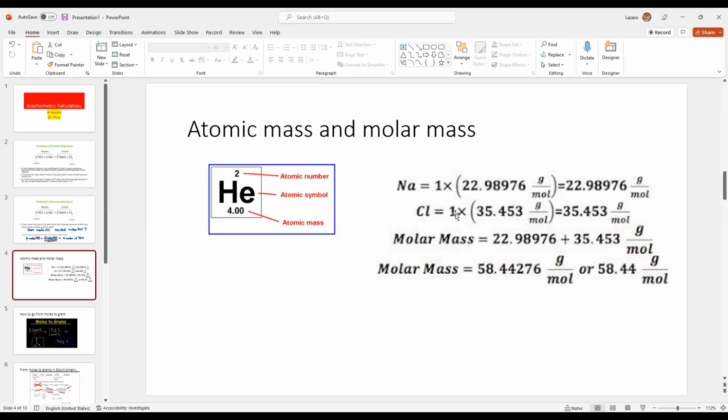In this case, it's 1 and 1. So then you add 22.98976 plus 35.453, and you get the molar mass of the compound. This is very important because when you are in front of a compound and you want to convert moles into grams, you have to use the molar mass.